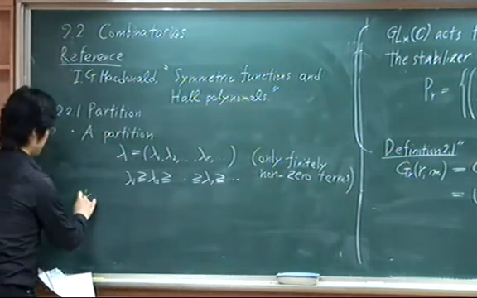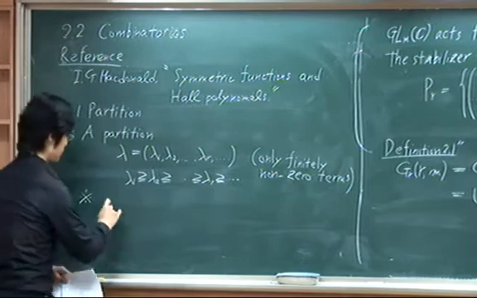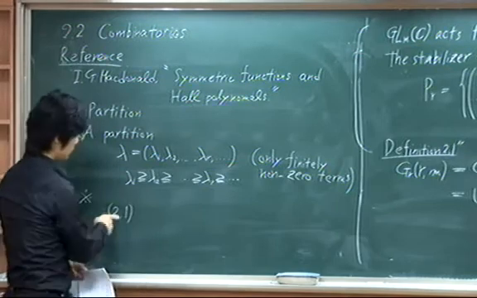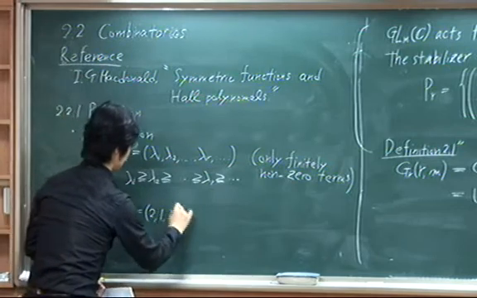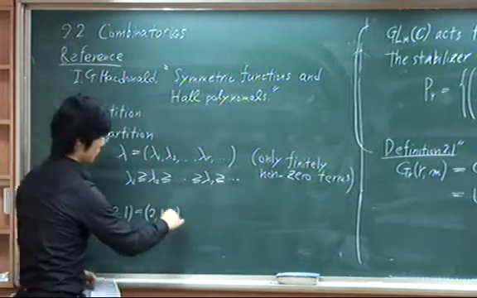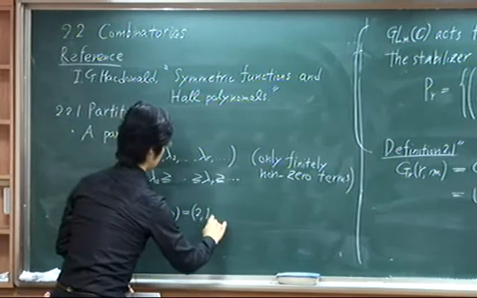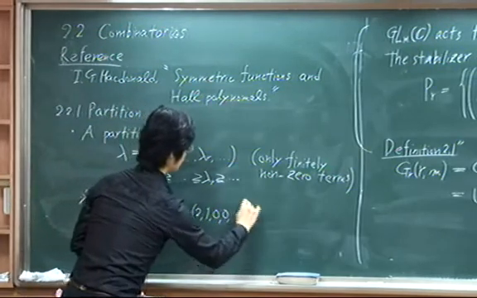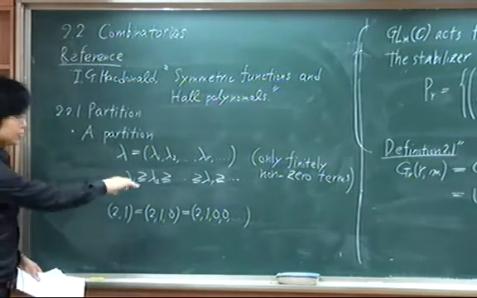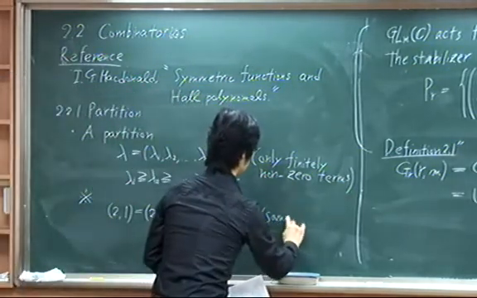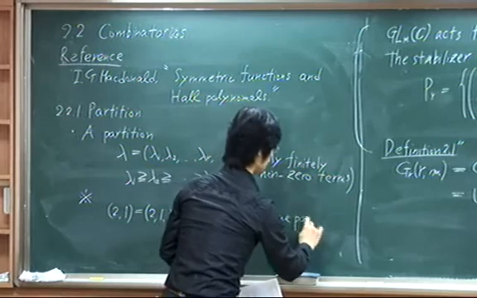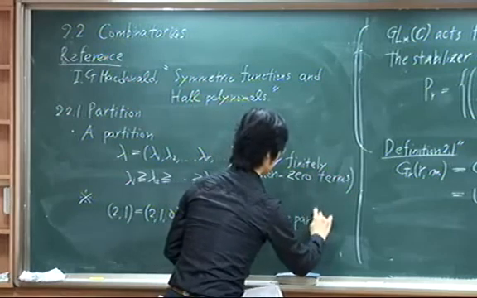Usually we do not distinguish between such partitions, for example 2-1 or 2-1-0 or 2-1-0-0. We don't distinguish these partitions; it is convenient not to distinguish them.